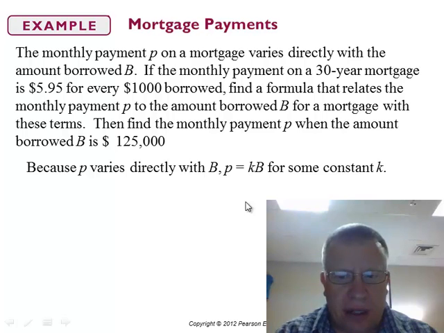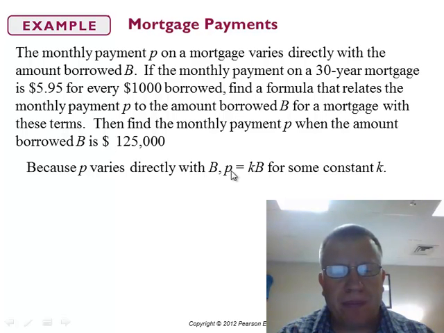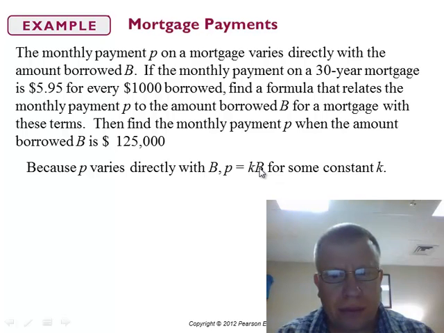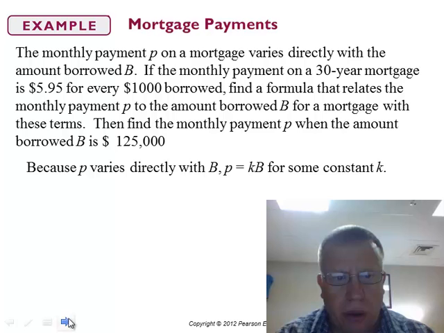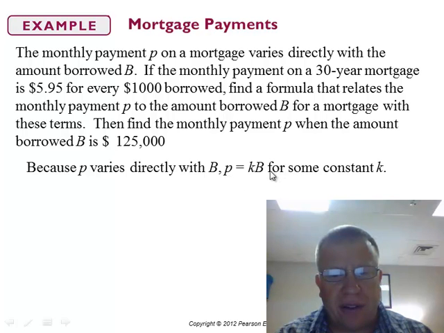There's a direct relationship between those two variables, payment amount and the amount borrowed. Now, we're told that $5.95 would be the payment for every $1,000 borrowed.